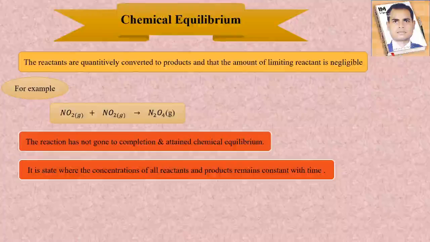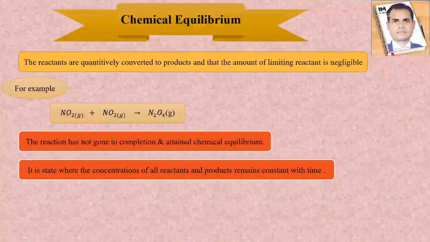The best example is the dimerization of nitrogen dioxide. In this case, the reactant NO2 is a dark brown gas and the product N2O4 is again a gas, which is colorless.